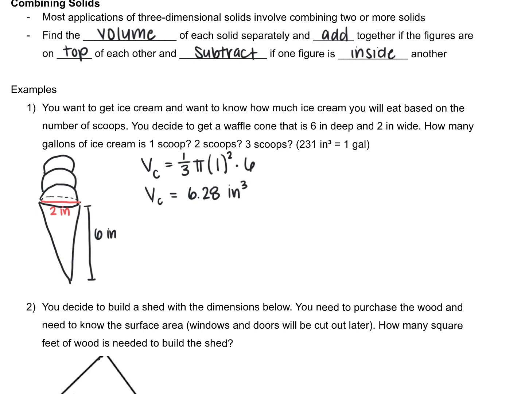Now for our ice cream scoops. To find the volume of 1 scoop, the volume of 1 hemisphere, we do 1/2 times the volume of a sphere, which is 4/3 pi times the radius cubed. Since the ice cream scoops fit across the waffle cone, they have the same radius, which is 1.